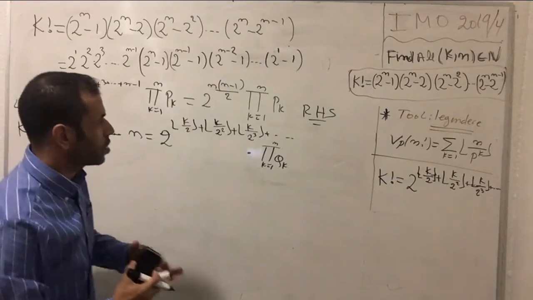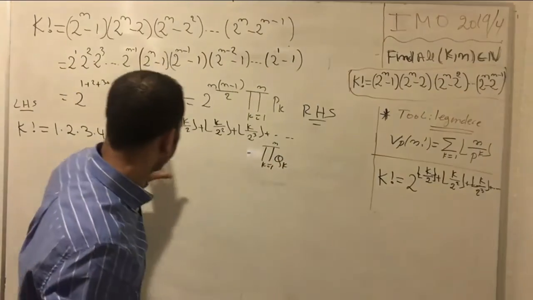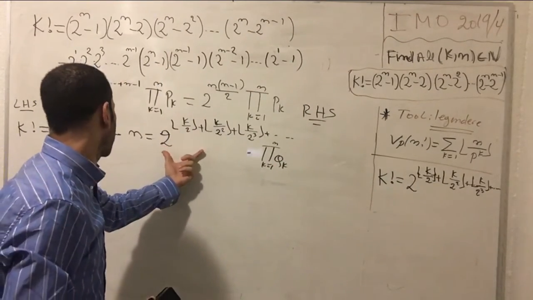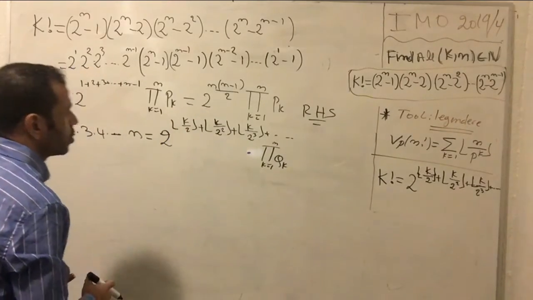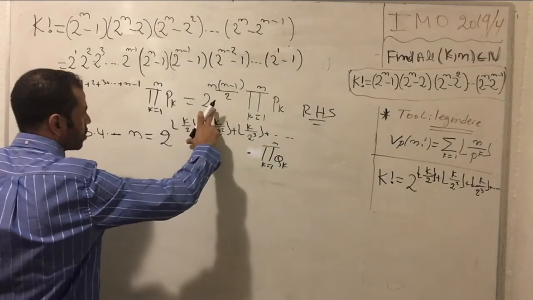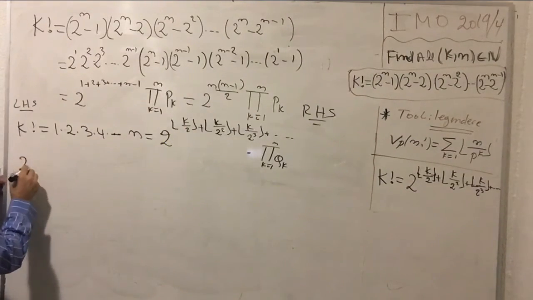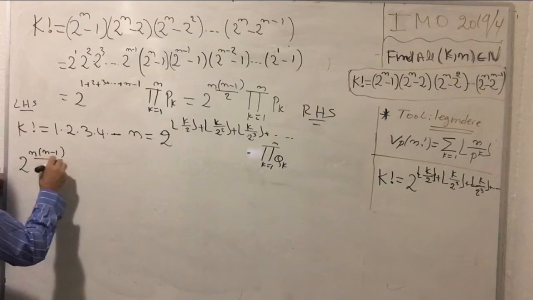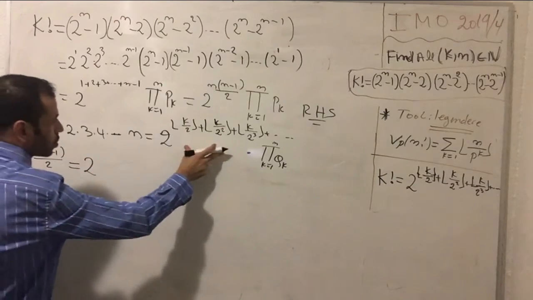This equation has a solution unless you have this term on the right hand side equal to the term on the left hand side. So this equation satisfies this condition. This is equivalent to n(n−1)/2 equal to this one.